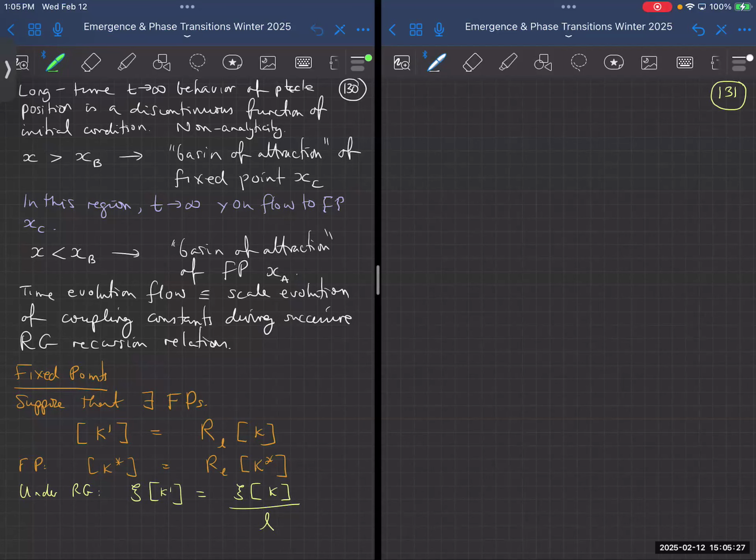So at a fixed point, psi of k star is equal to psi of k star divided by L. And so that means that the only solutions to this are psi of k star is equal to 0 or infinity.